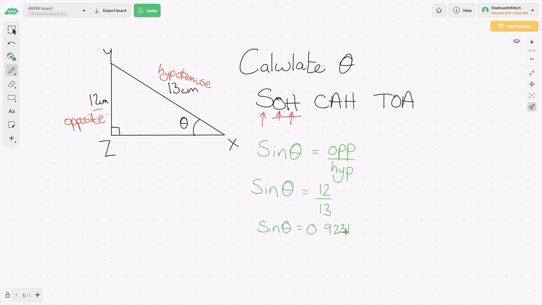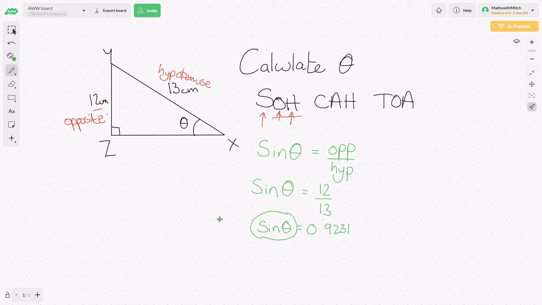But what I said previously was that sine times the angle isn't what this term is saying. It's not sine times angle, it's a function. It's a function of a given angle. That's the angle is the input. So it's not as simple as saying 0.9231 divided by sine gives you the angle.